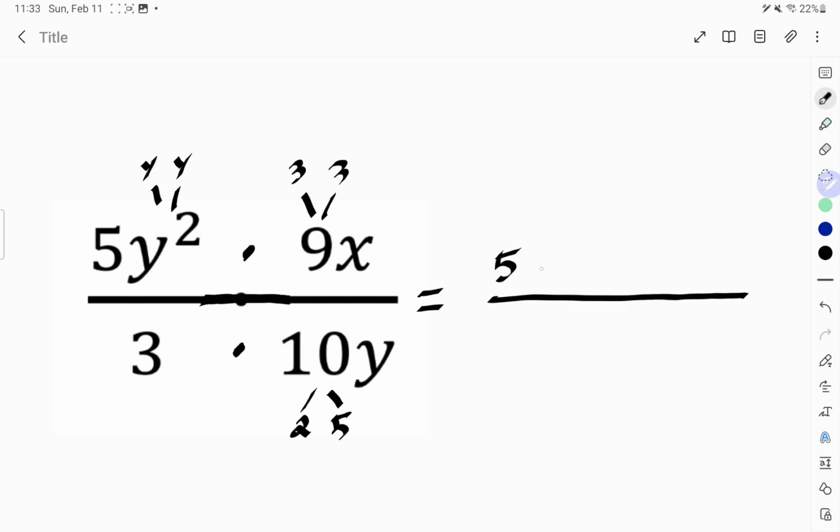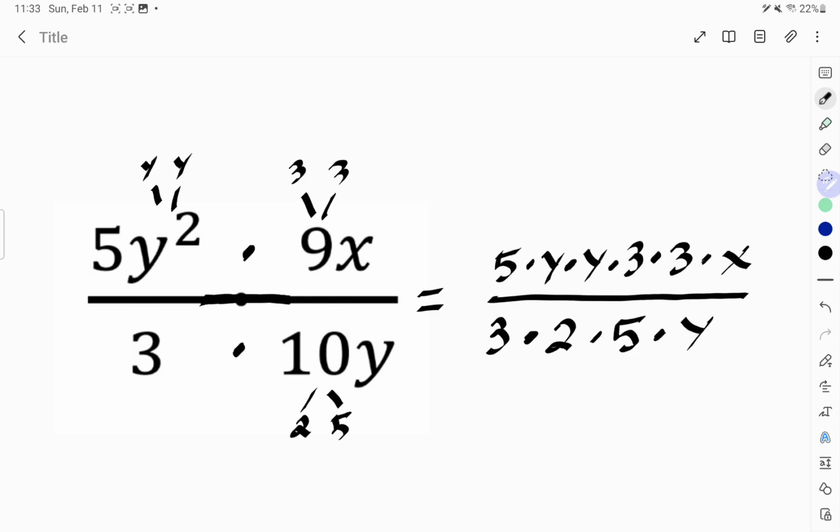I have 5 times y times y. As you see, I factored everything, meaning I expanded. And now we have times 3 times 3 times x. Pretty easy, right? I just expanded it. Now let's do the bottom one. It's going to be 3 times 2 times 5 times y. Okay, we got the bottom now.